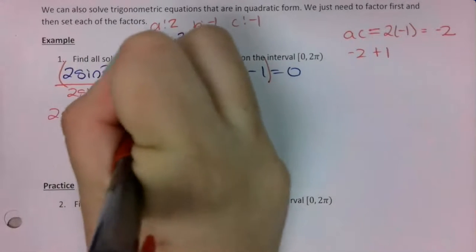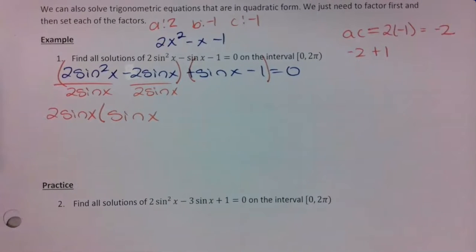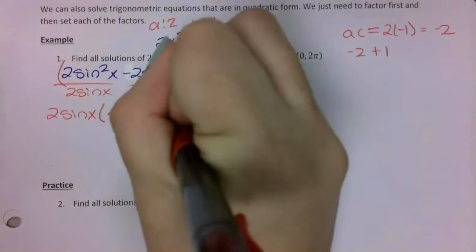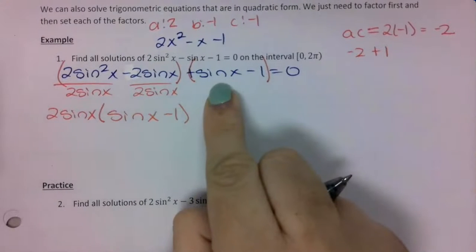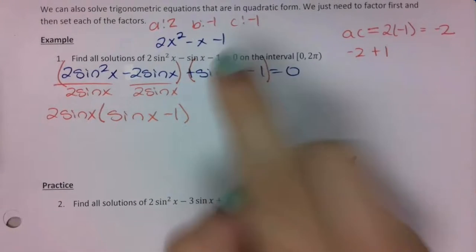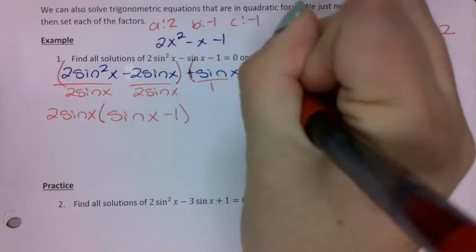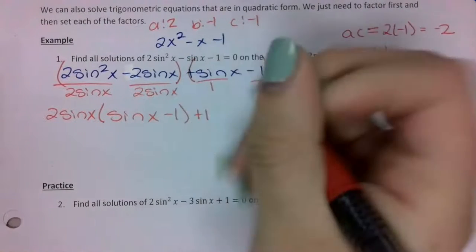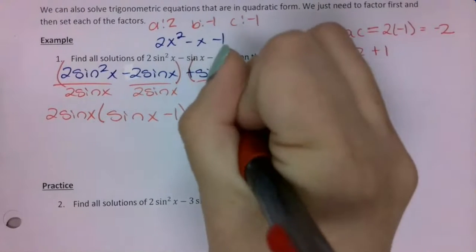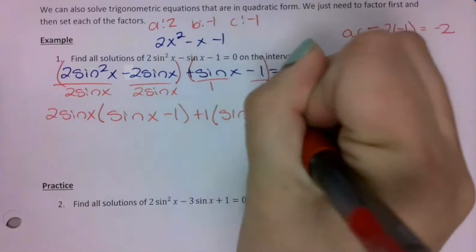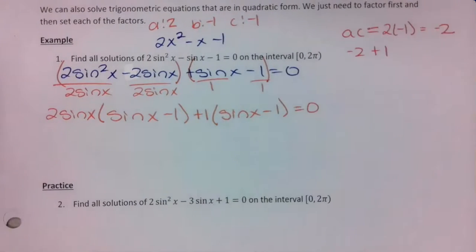Sine x. And then for my second term? Negative 1. In my second group, what do they have in common? Positive 1. So I'm going to pull out a 1. I'm going to put a plus 1 in between. And then I'm going to write sine x minus 1. And this still equals 0.